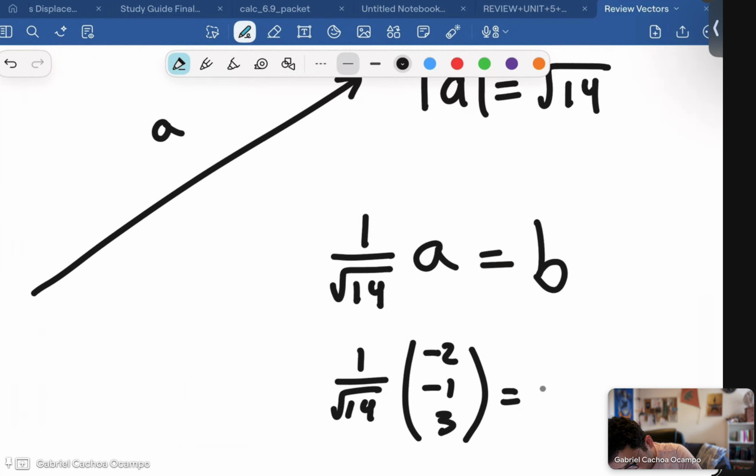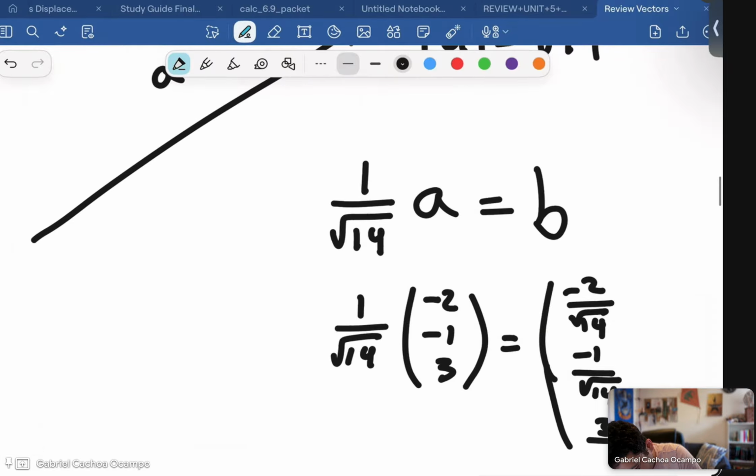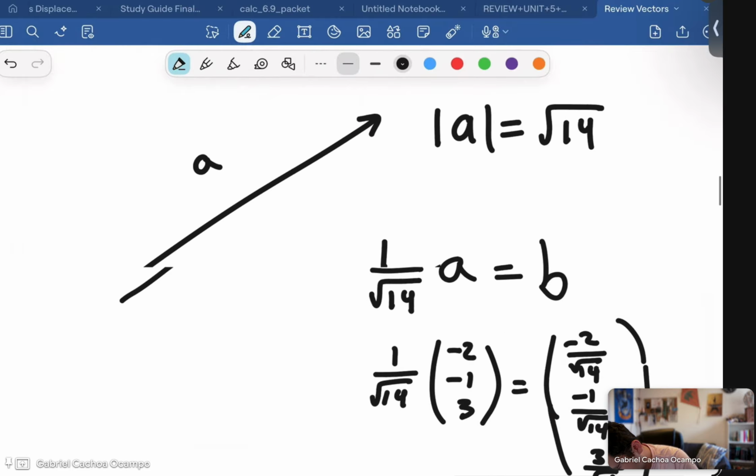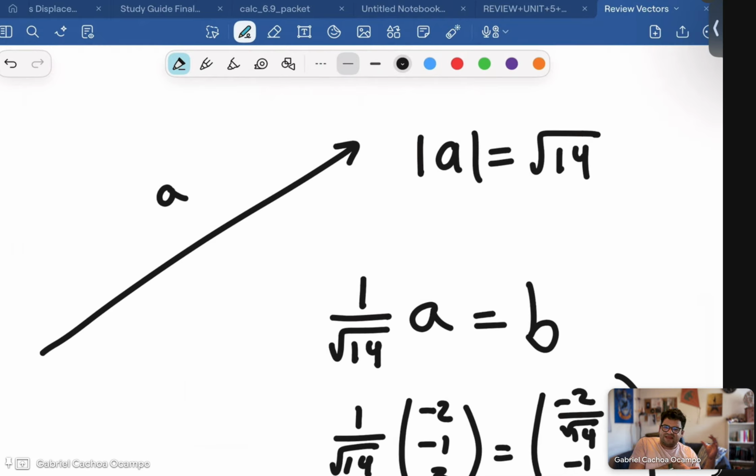This will give me -2 over the square root of 14, -1 over the square root of 14, 3 over the square root of 14. This would be vector B. By multiplying by 1 over the square root of 14, I get another vector, but it's smaller. By multiplying by this number, I am shrinking A into B.